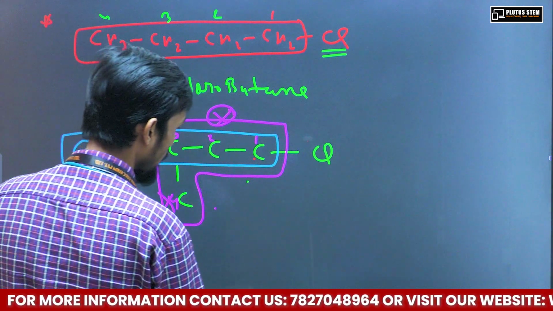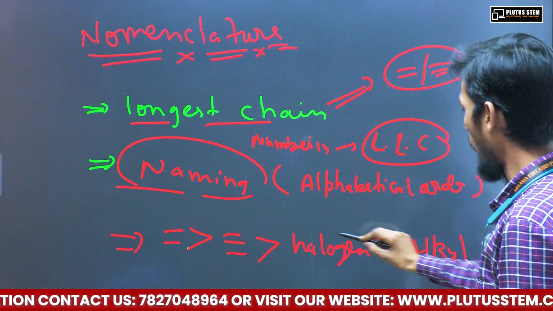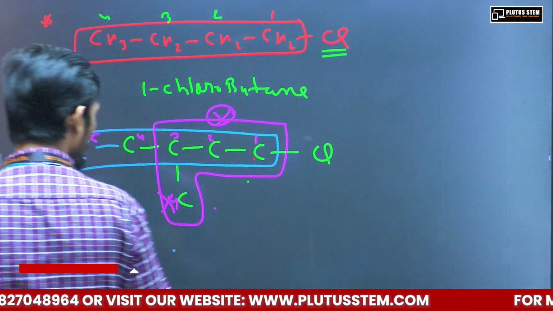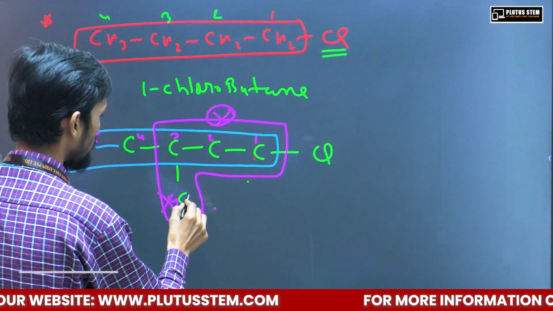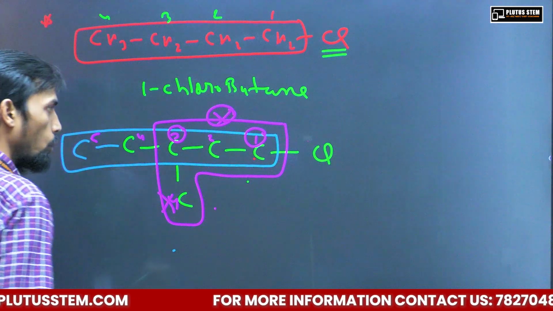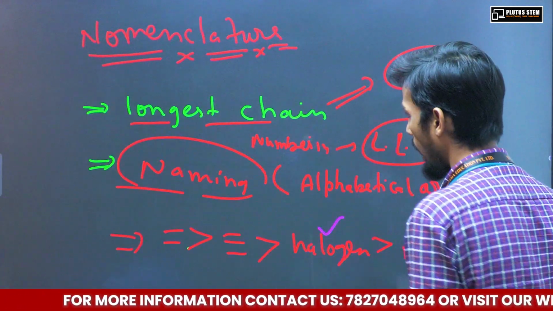And regarding the numbering, I just told you the rule over here: halogen will get preference while numbering. It will be like the third position is methyl and one is for chloro. And while naming, we have to consider the alphabetical order. I mentioned this.